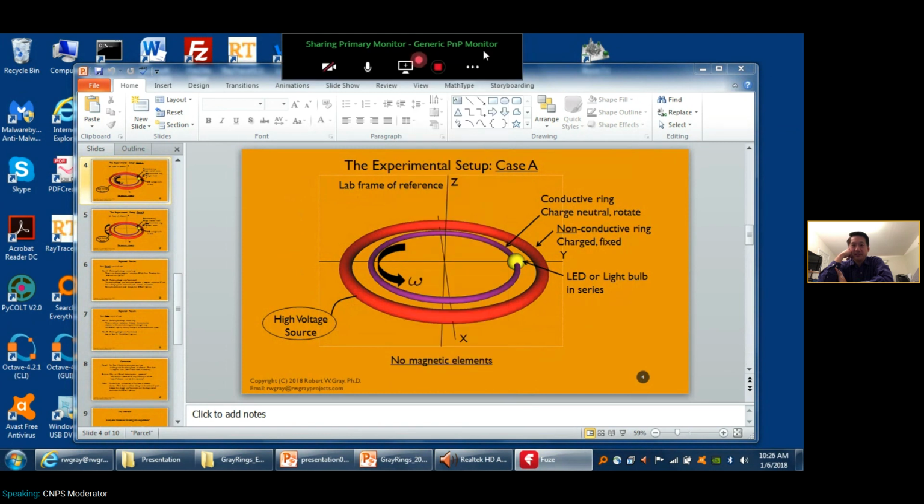But so that's an idea. You can use a Van de Graaff generator to at least get your initial charge. Or what I've done is you can just take a ring of plastic and rub it against something like silk or whatever, and just charge it up, and then you can use that.